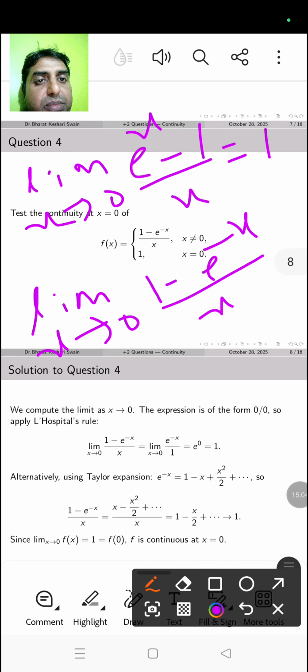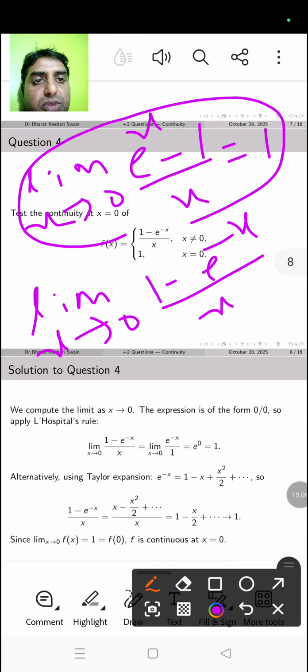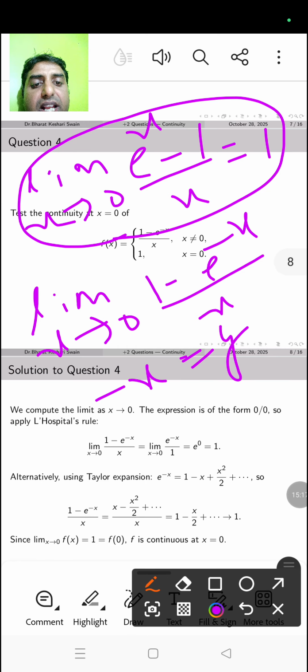And to use this formula, what we have to do is put minus x as y. If minus x is equal to y, what will be x here? x will be minus y.